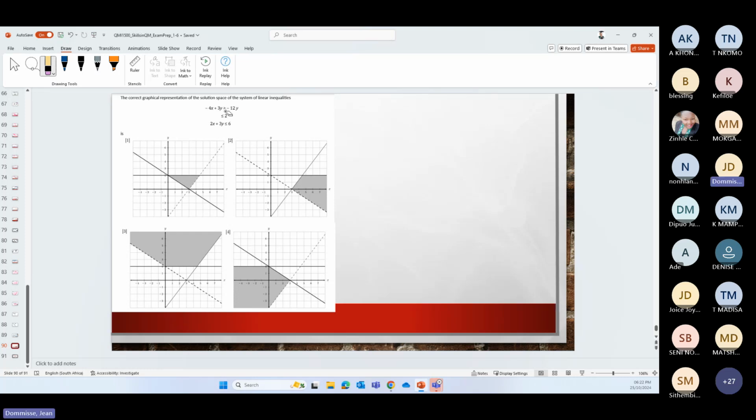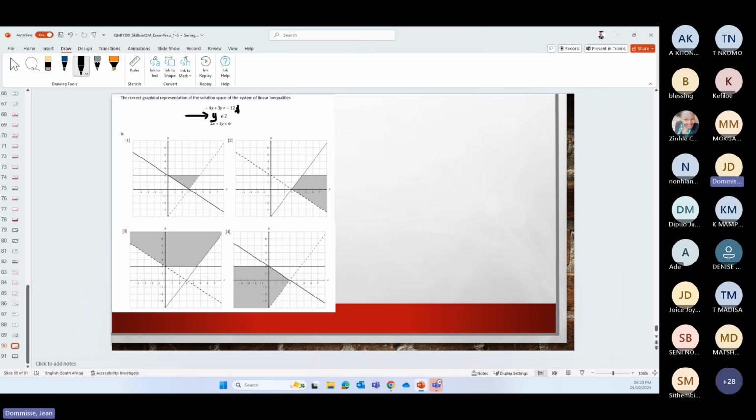We've got those 3 inequalities, but that looks like that should have been y is smaller than 2 and not there, because there's the y line. Okay, so that is probably minus 4x plus 3y bigger than minus 12, y smaller or equal to 2, 2x plus 3y smaller or equal to 6.